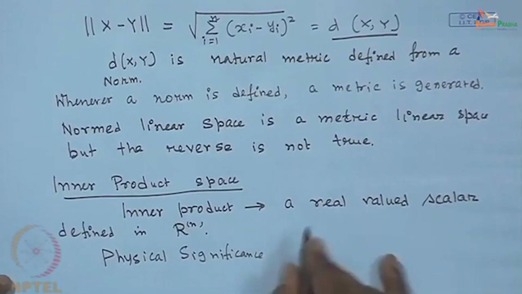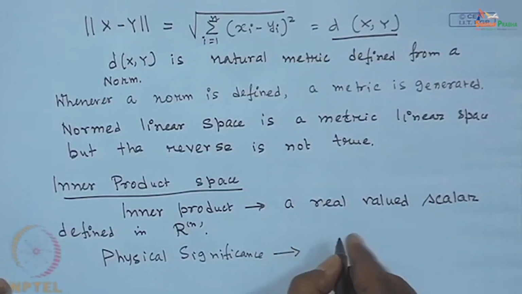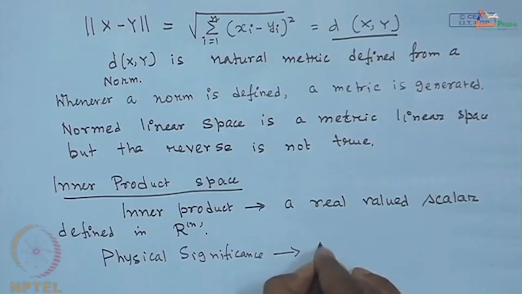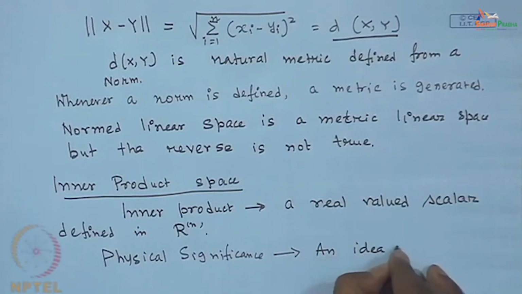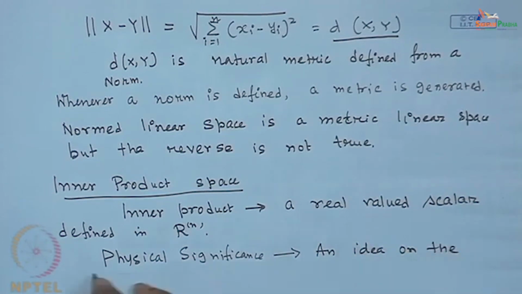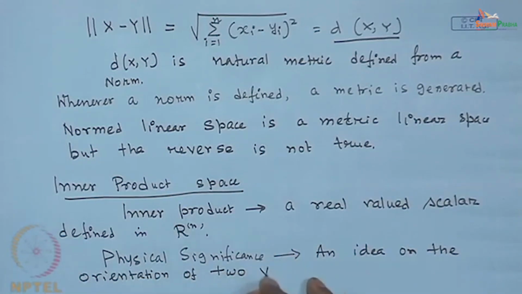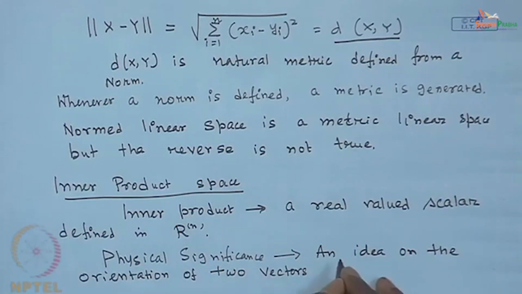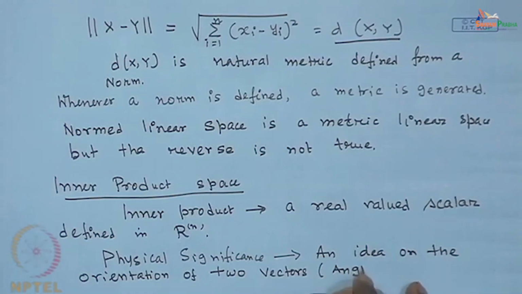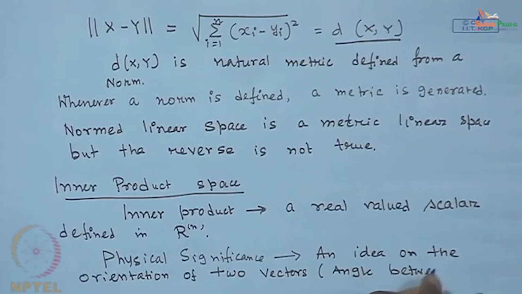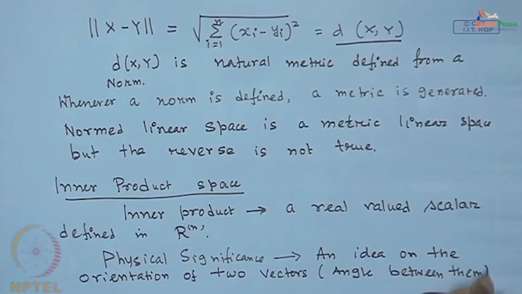Physically it indicates the angle between the two vectors x and y. So, it gives an idea on the orientation of two vectors. In more specific terms, it gives the angle between them.